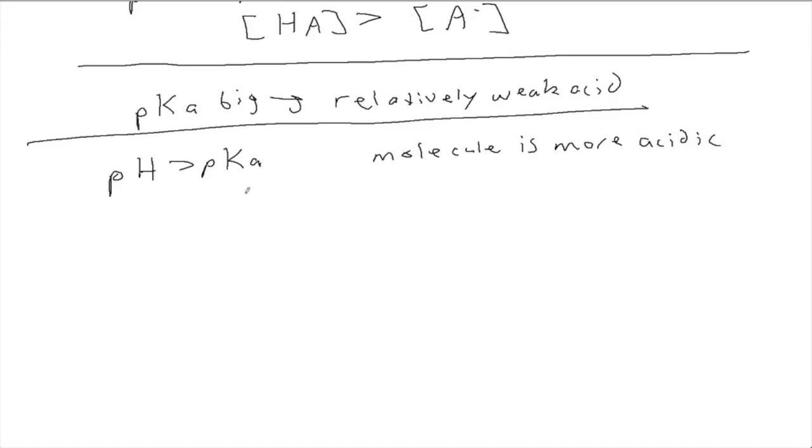So, what do we expect to be favored? Do we expect the solution to give lots of protons to the acid, or do we expect the acid to give lots of protons to the solution? The acid gives lots of protons to the solution. So which form of the acid will be favored, protonated or deprotonated?